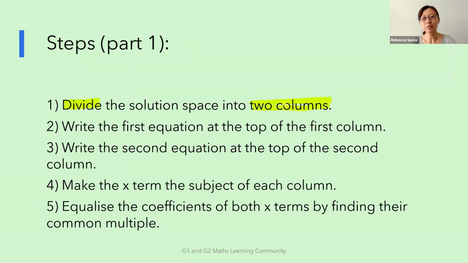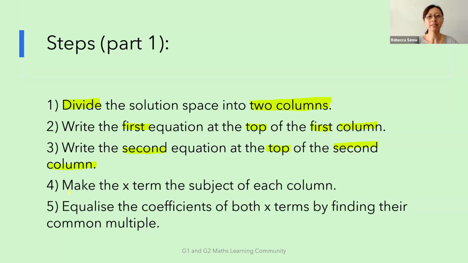Yes, we want to have two columns so that it provides good enough structure and make it so rigid that it's easy to follow step 1 to step 2. And then the first equation goes on the top and not anywhere else of the first column. Second equation, again, top of the second column.